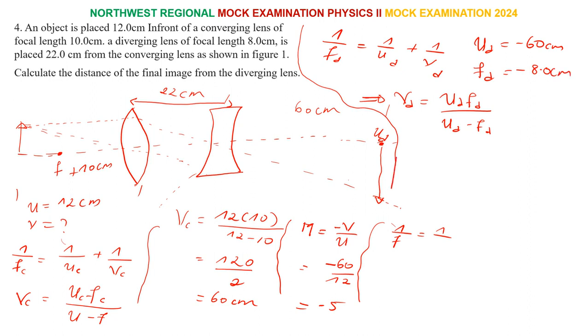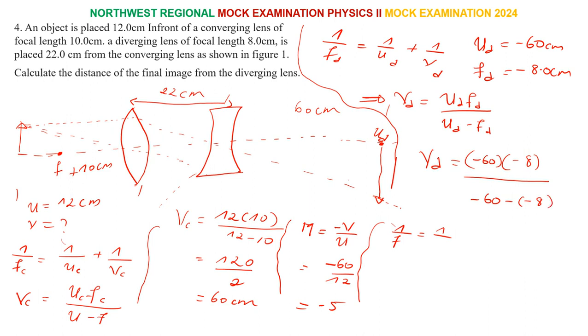So this means our image v_d will be equal to u_d f_d, that's negative 60 times negative 8, all of this divided by u_d minus f_d: negative 60 minus negative 8.